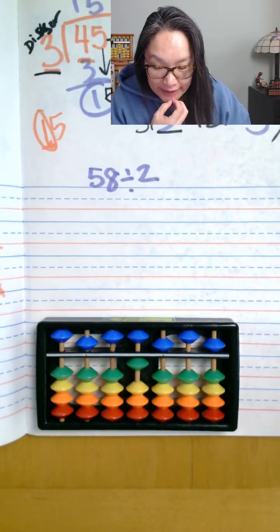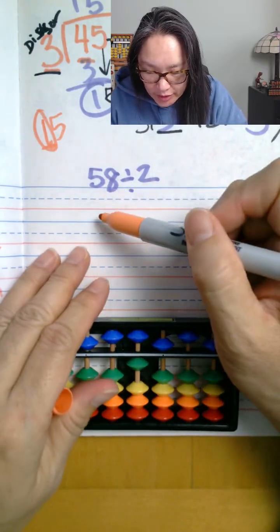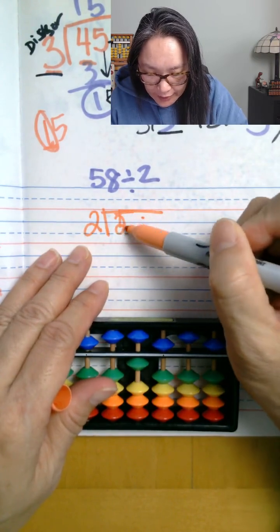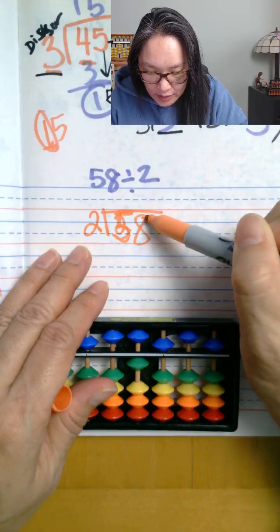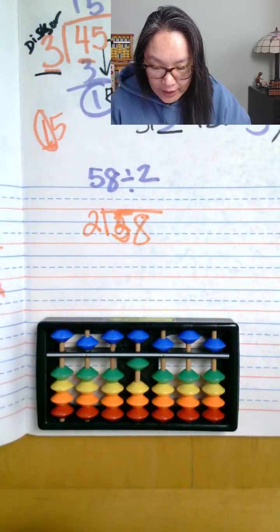Okay. So again, what are we going to do? I'm going to change this, right? It's going to be 2 like this, 58. What are we doing? The same thing: we're going to find our starting point.